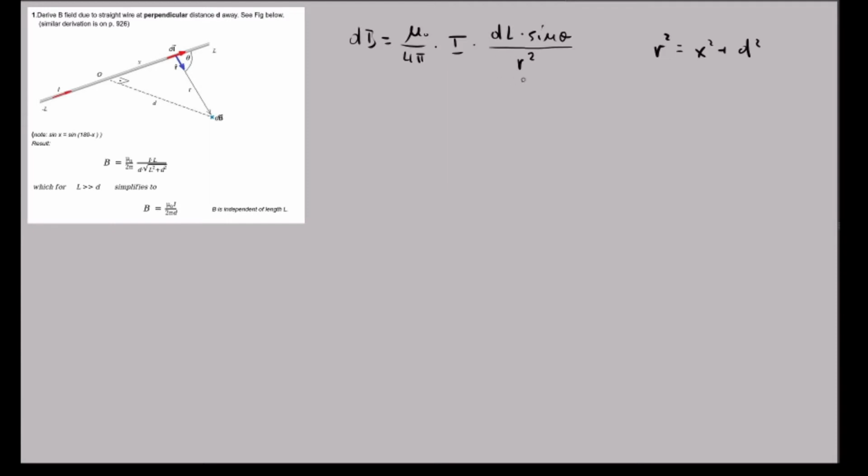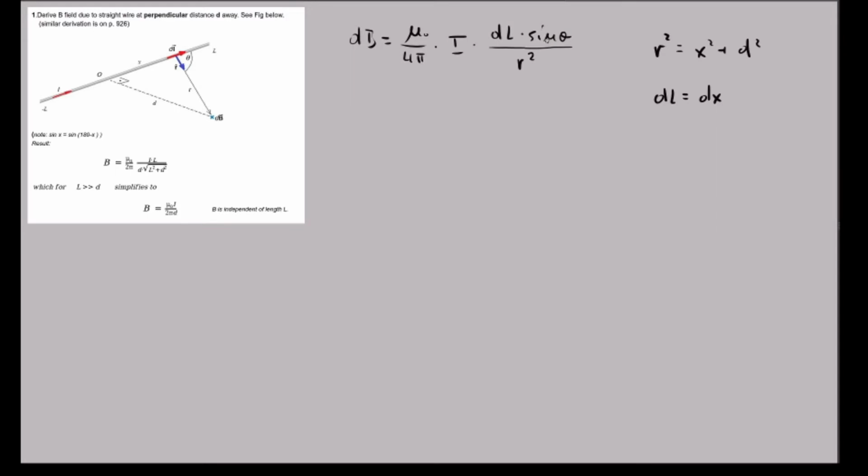So I can replace what's on the bottom here. dl, the way I set it up, is just the same thing as dx, since I have dl pointing in the same direction as x. I could put my origin O at this location, and x runs in this direction, so dx becomes dl.